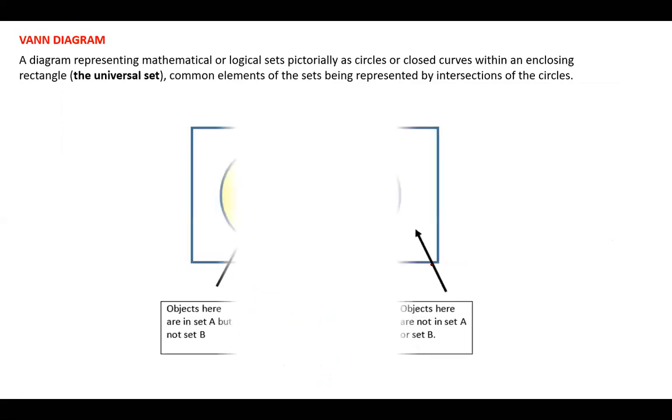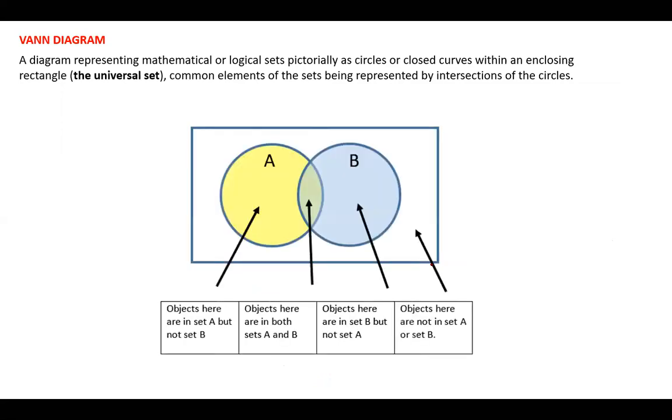So now let's talk about the Venn diagram. What is the Venn diagram? A Venn diagram is a diagram representing mathematical or logical sets pictorially as circles or closed curves within an enclosing rectangle. Let's look at this example here.